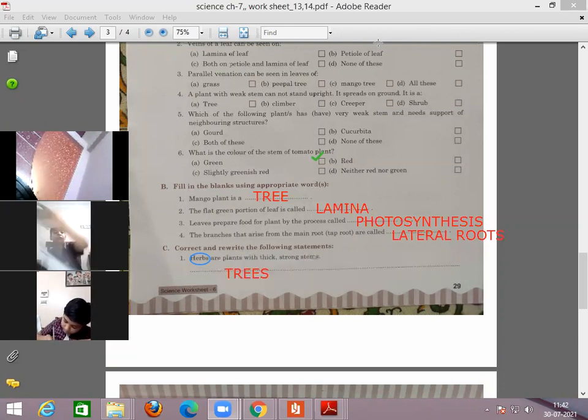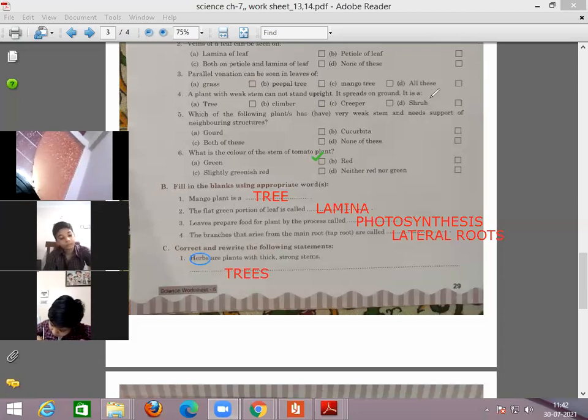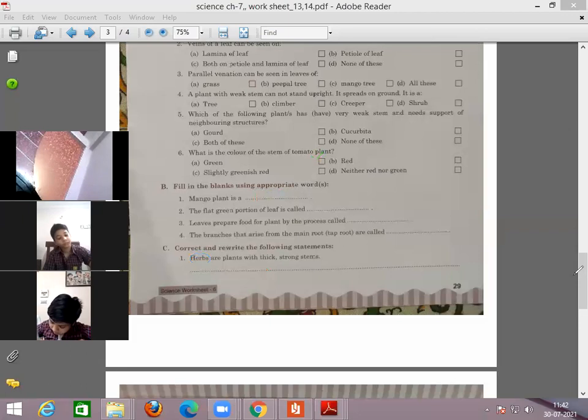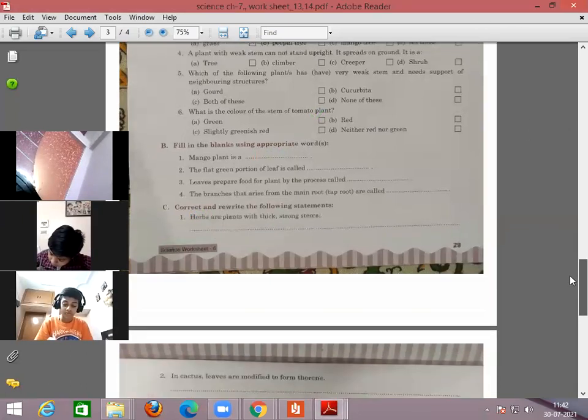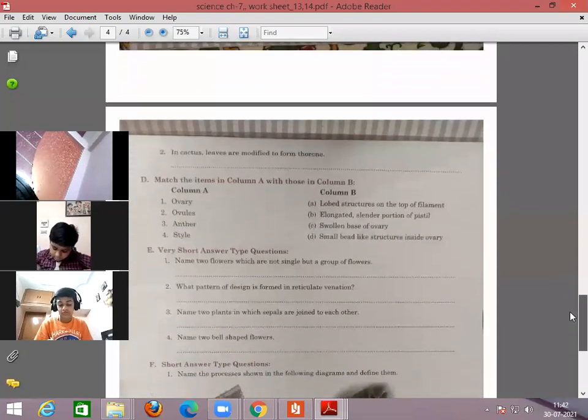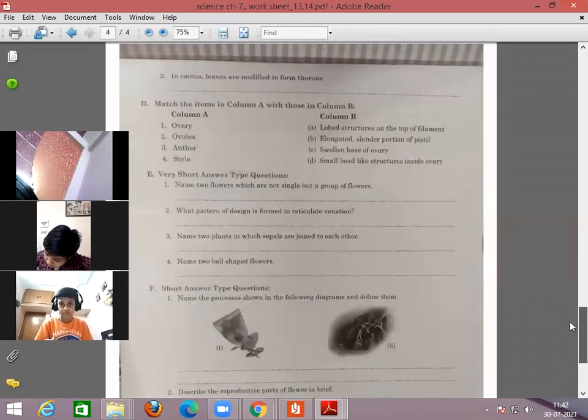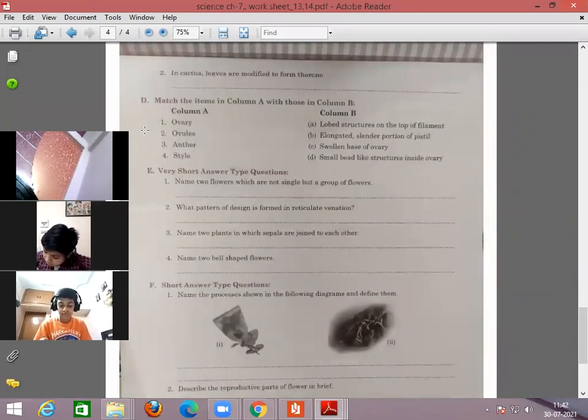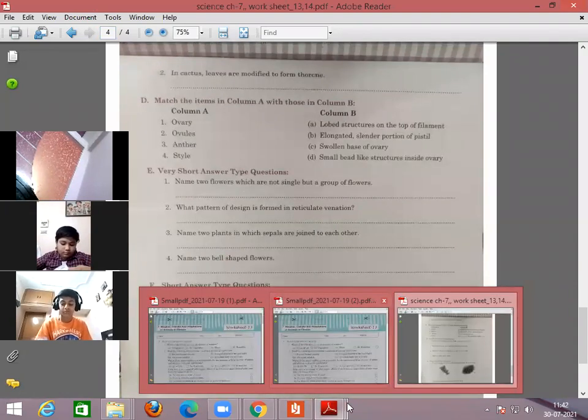Okay, children? Done till here? Yes, ma'am. Okay. Next is, come on the next page number. After that, let's continue with this part. In cactus, leaves are modified to form stems.